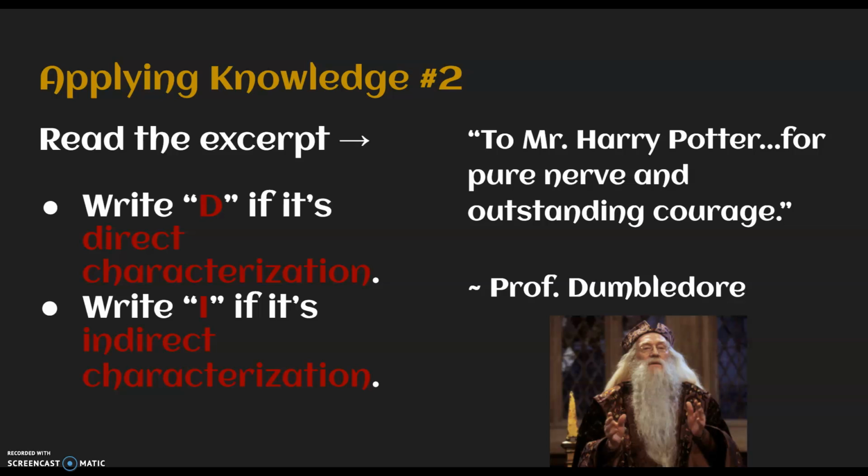All right, this is direct characterization. Okay, so Dumbledore says this, and he's talking about Harry Potter, and he's saying Harry has outstanding courage and pure nerve. So the author is saying this about Harry, right? So it's direct characterization.